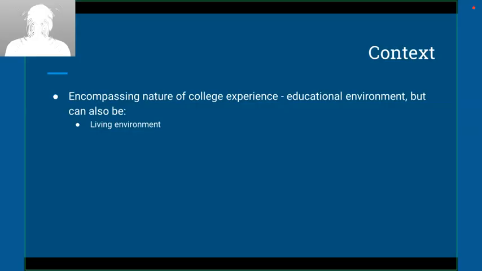They might be living off campus in a private rental property, but with students and surrounded by other students in private rental properties, which might not be a space that the institution has control over, but that might still be something that is part of their college experience, and that's an ongoing interaction that they have with other students. It can be their working environment. So for some students, they're working at the same college or university that they're attending.